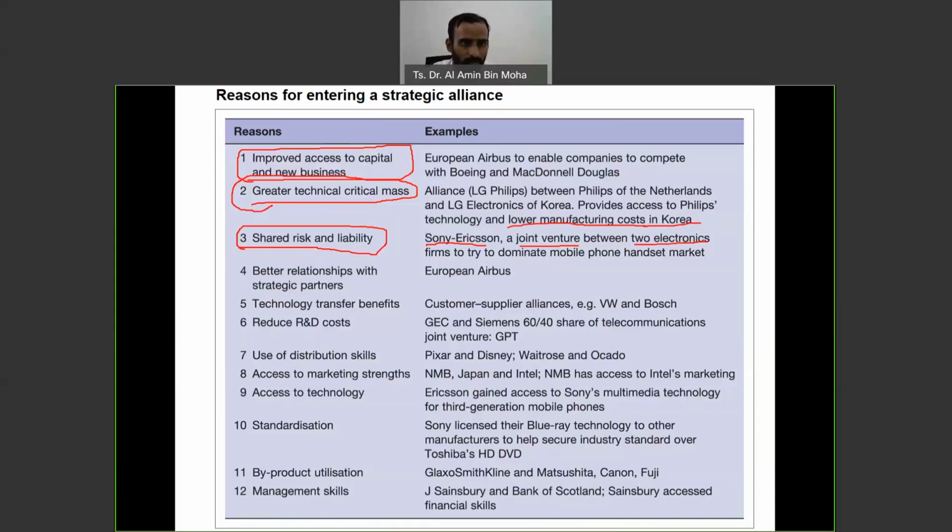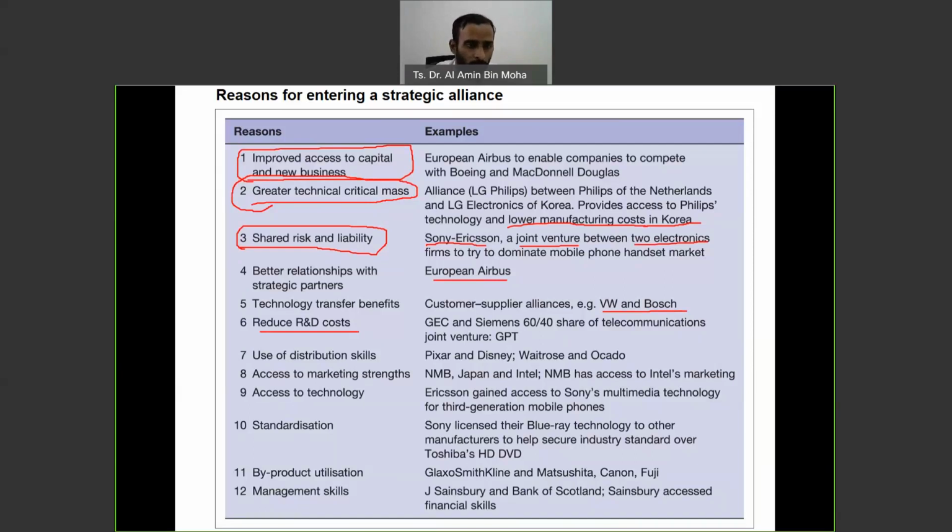Better relationship with a strategic partner, European Airbus, technology transfer, customer-supplier alliances like VW and Bosch. You can Google it, read the story, and you may find different examples based on the reasons given here. To reduce the R&D cost, GEC and Siemens have a 60-40 share of a telecommunication joint venture. So instead of 100%, they share 60-40.